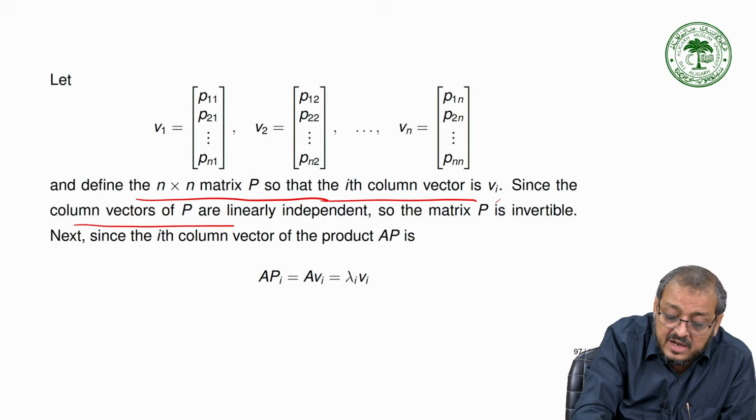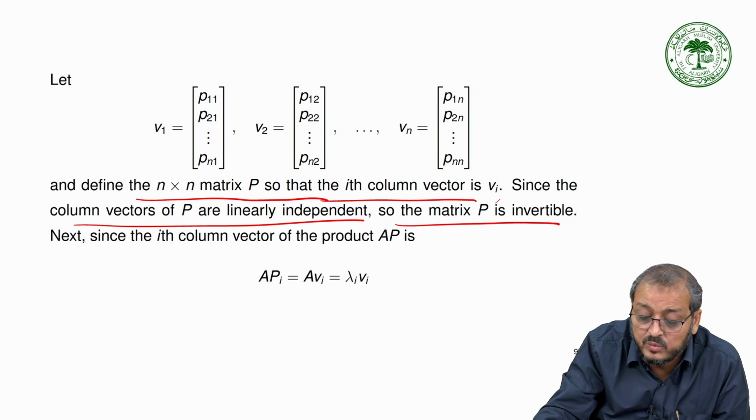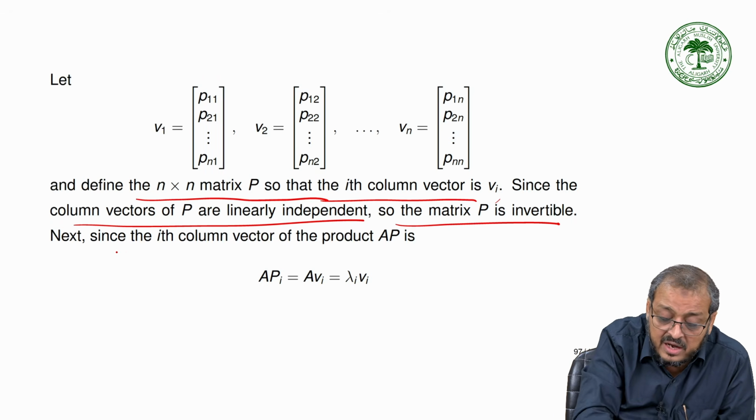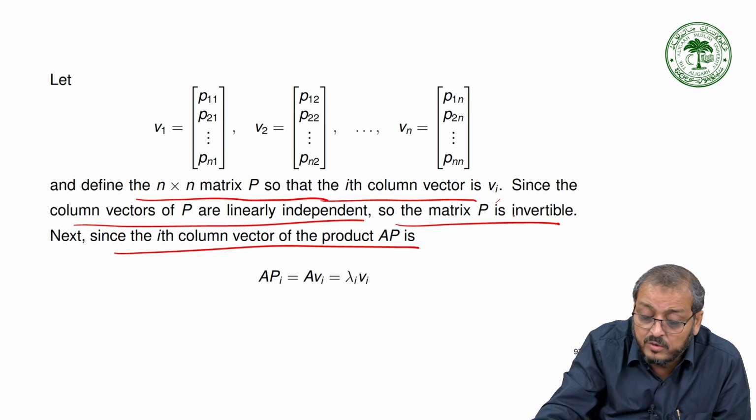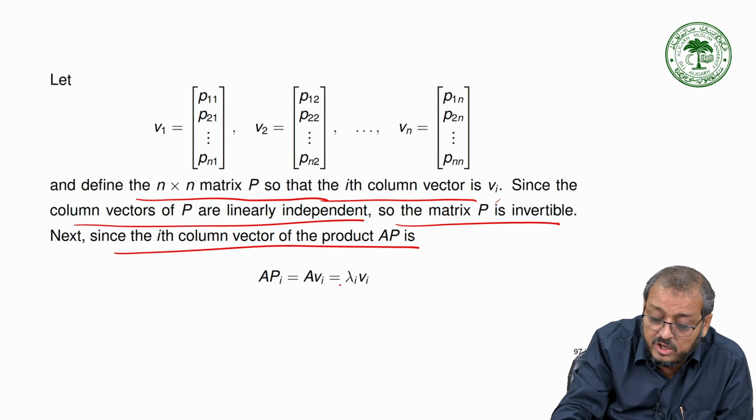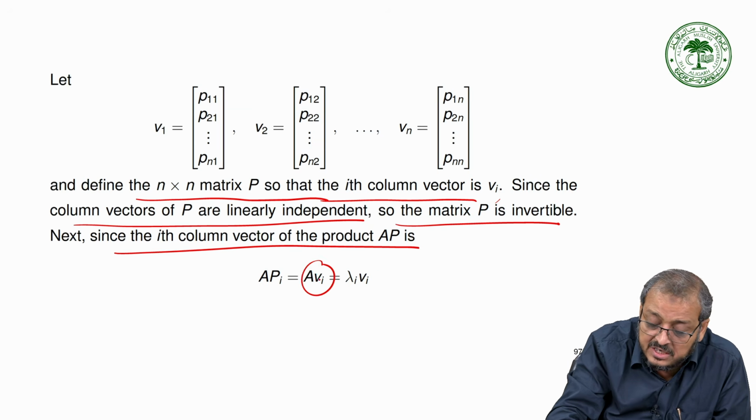Since the columns of P are linearly independent, the matrix P is invertible. The ith column of AP is A times vi, and A vi is lambda i vi.